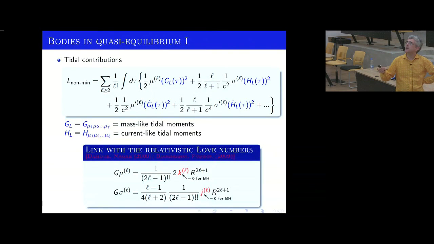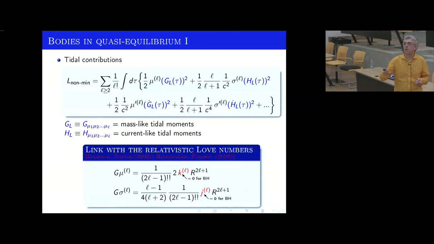And you see here that we have some scalar invariants. They are the only invariants we can build if we have one structureless body, and the only structure we expect is due to the other body. And they are built using, of course, the Riemann tensor invariants, so the magnetic and electric invariants, and their derivatives.